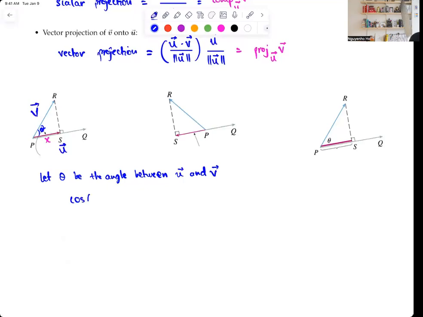Cosine of theta is equal to the adjacent over the hypotenuse. The adjacent in this case is x, the magnitude of the red vector, over the magnitude of v. From here, you can write that x is equal to the magnitude of v times cosine of theta.